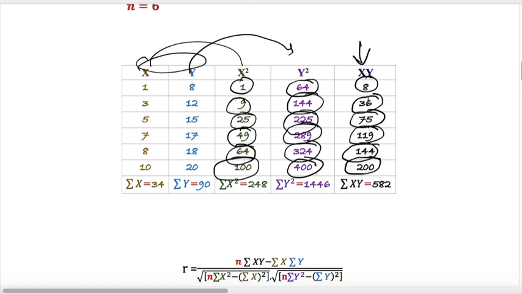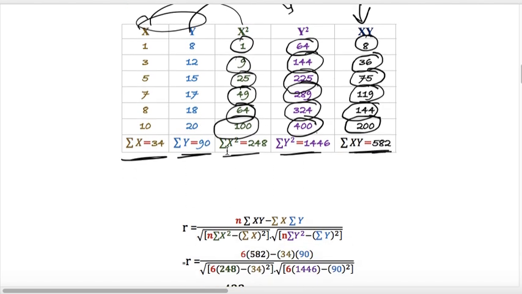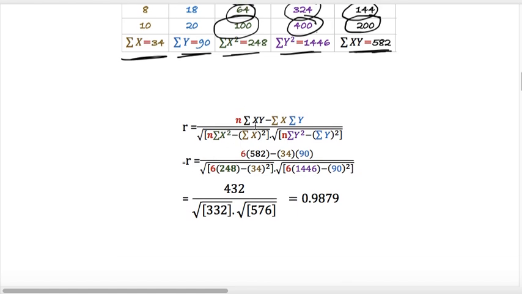After finding these 5 columns, we can find the sum of x, sum of y, sum of x square, sum of y square, and sum of x into y. So we can put these values in the formula which we have just discussed. I am using this formula because if a calculator is available, we can implement any of the formulas.